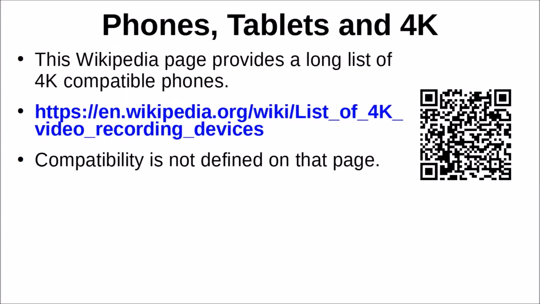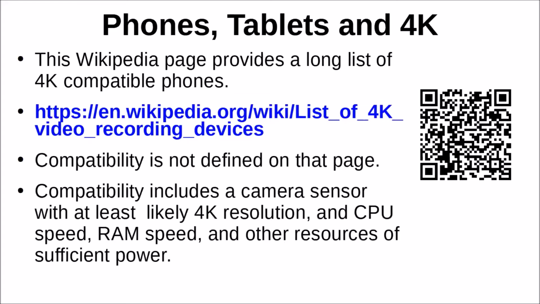And two, all the other resources on the device, the CPU, the RAM, and the other hardware things, are capable of handling the data at the rate 4K requires. So that list is pretty useful for that purpose, but I'm a little disappointed that they didn't define what compatibility means. I'm suggesting what it should mean. I hope they agree with me.